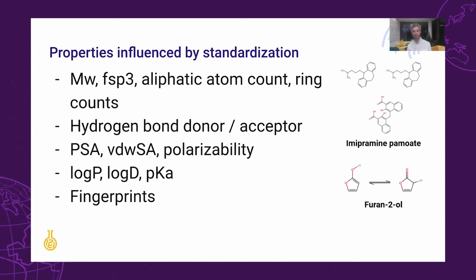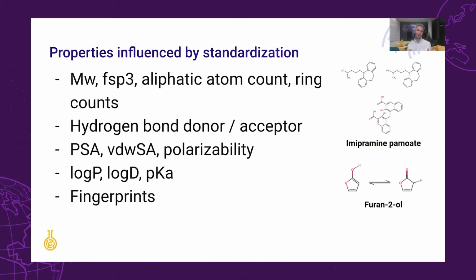The other example is tautomerization, and here I'm showing you furan-2-ol, which has an enol-oxo tautomerization, and therefore it can be, even in a registration system, in two different forms, or in an external source or combining external and internal sources. This can be drawn differently, although the associated observed data could be the very same.